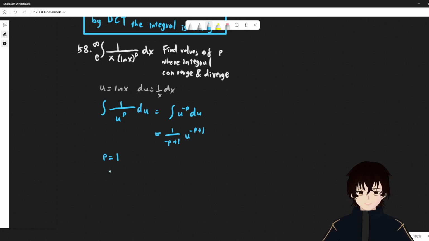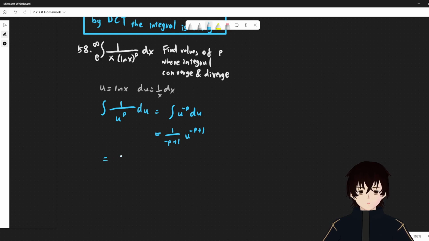So we need p equals 1, p greater than 1, p less than 1. If p is equal to 1, let's take care of that last. Let's first think p greater than 1. Actually, let's do this.